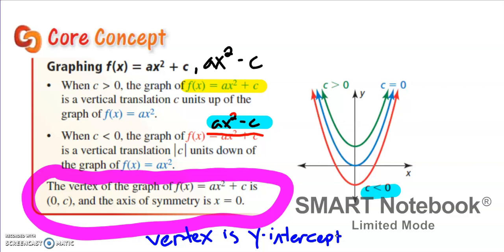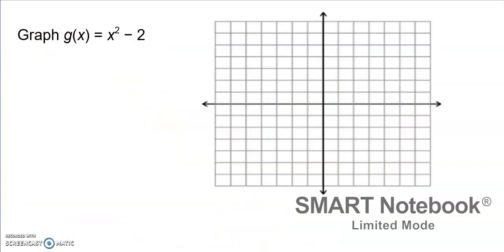So let's show that. So if we want to graph this function here, x squared minus 2, the first thing that we want to do is graph our y-intercept, and we know it's going to be negative 2 because it's the constant term. So we have a couple ways of graphing, but I want to just introduce you to the table method. So again, we have our x and our y.